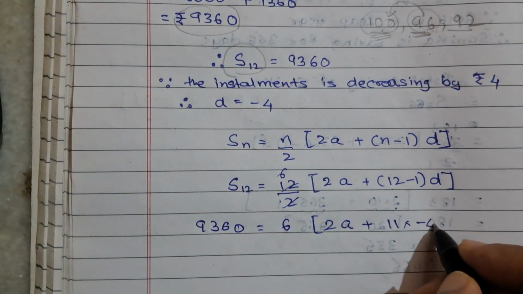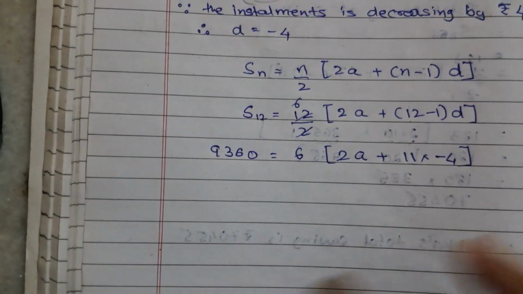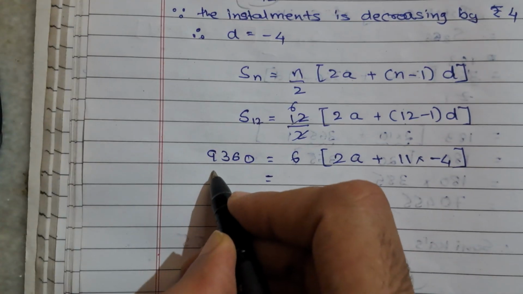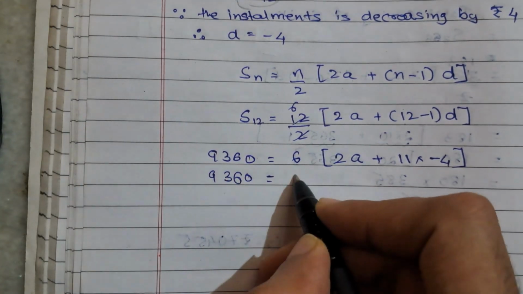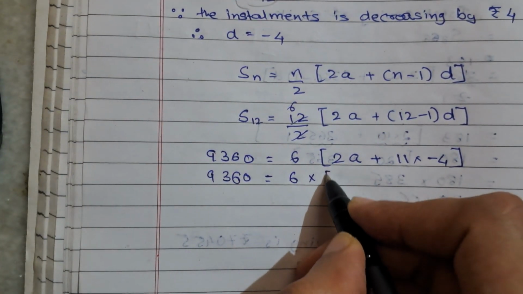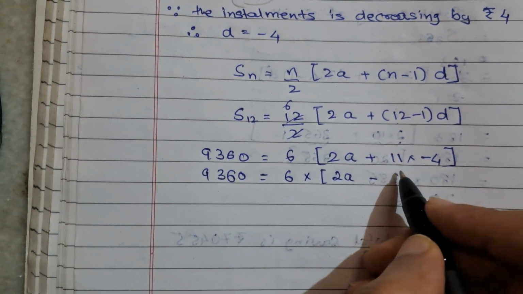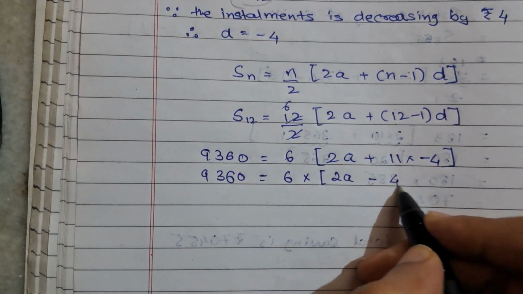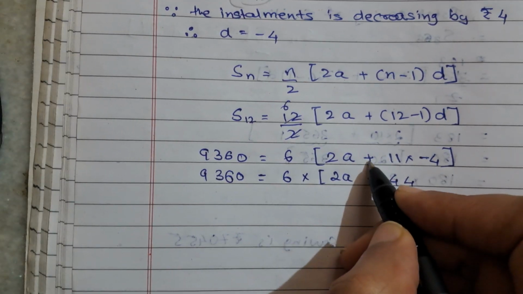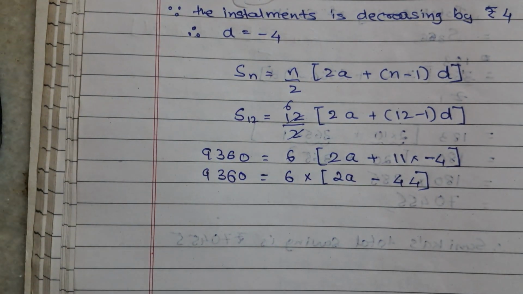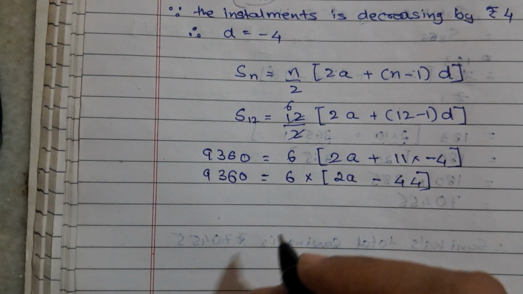So I will just put a minus 4 over here. And let me do the simple calculation at the next step. So 9360, this is 6, and let's see it is getting multiplied to what? 2a, when we multiply 11 and 4, 11 4s are 44, and because of this negative sign, this will become minus. Clear till here?